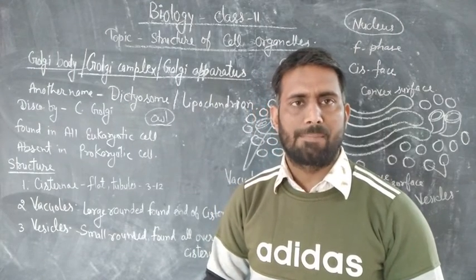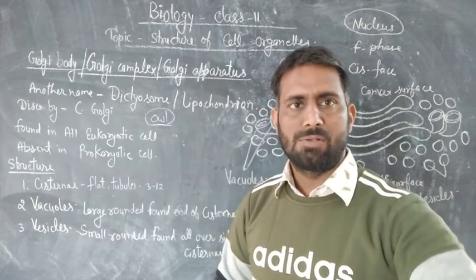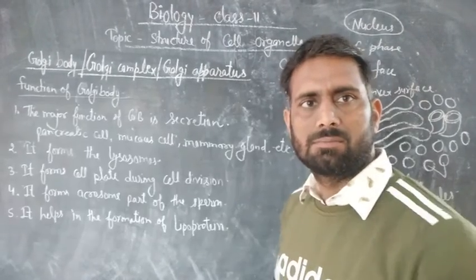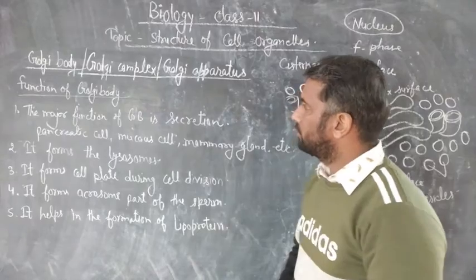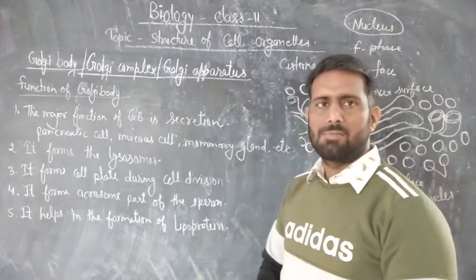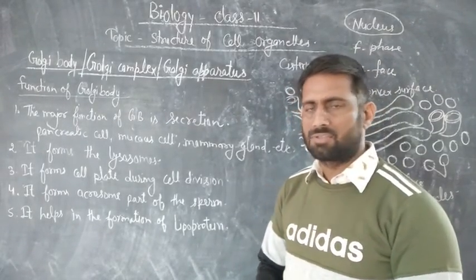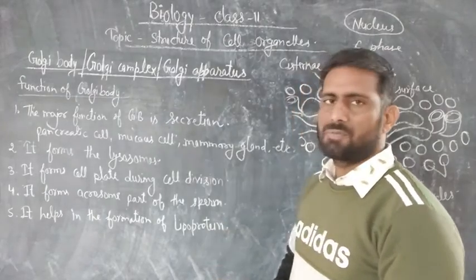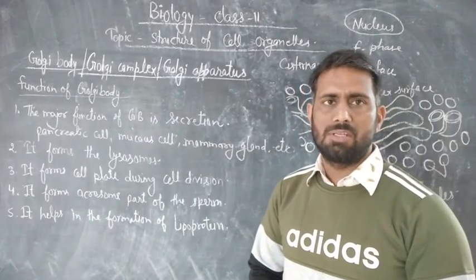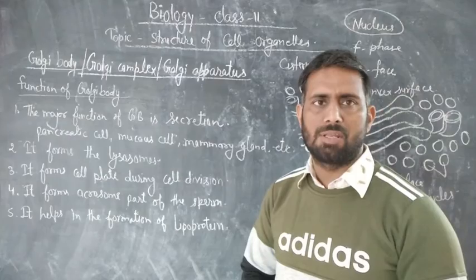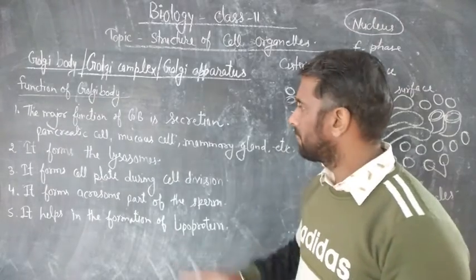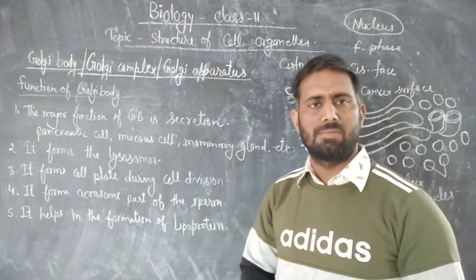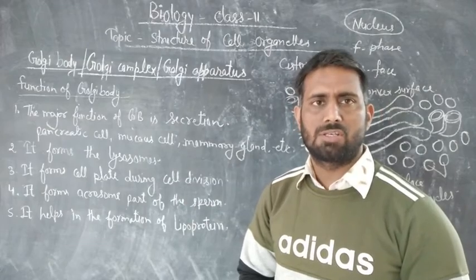Which functions are performed by the Golgi body or Golgi complex? The Golgi body performs many functions. First function, the major function of the Golgi body is secretion. It is mainly related to the secretion process.